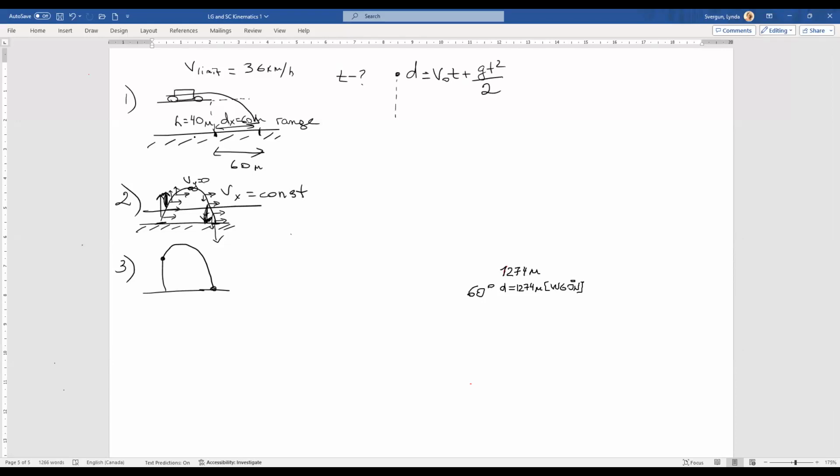In the vertical direction, when the object is moving horizontally, vy equals 0. Later, speed will be bigger and bigger going down. So we have a shorter formula. We can rearrange for time and check how long it took to drop down 40 meters.